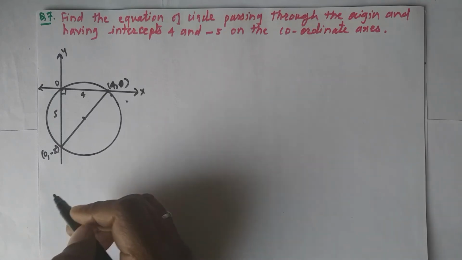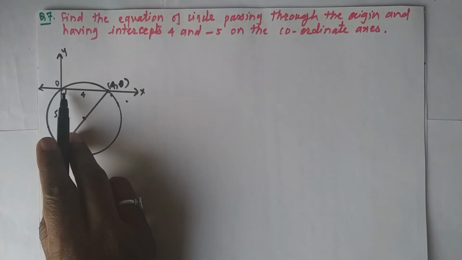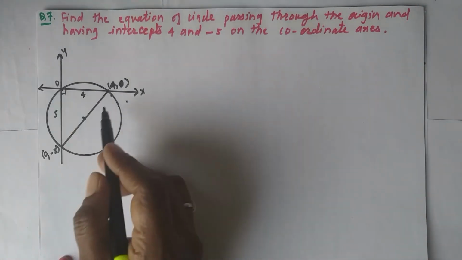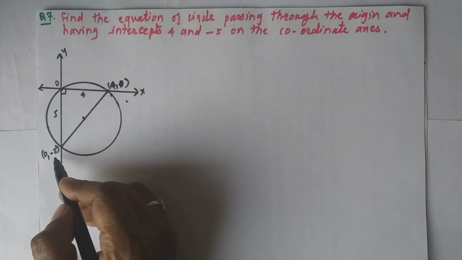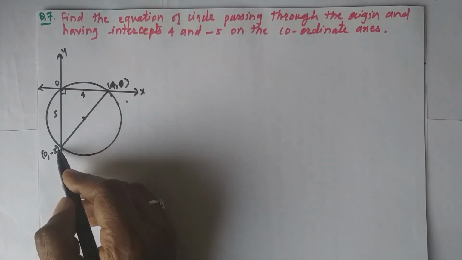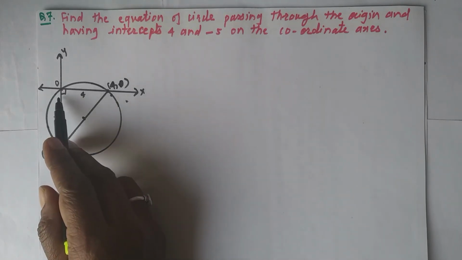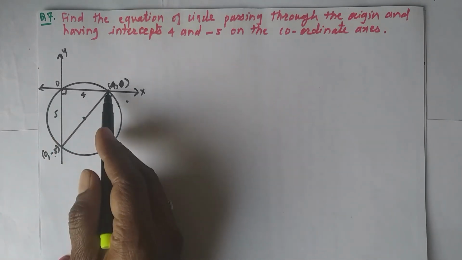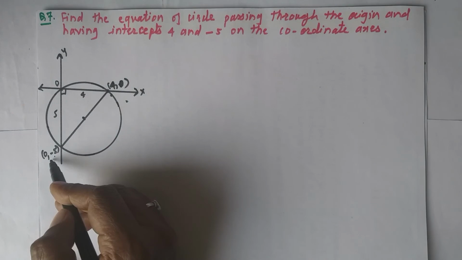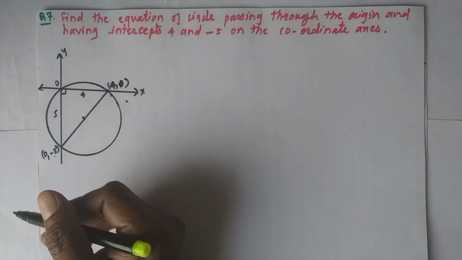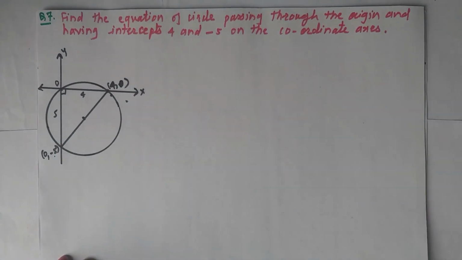Okay, but we know that the x and y axes are perpendicular at the origin. Join these 2 points, and these points are nothing but endpoints of a diameter, because we know that the angle in a semicircle is always a right angle. This is a right angle, means this is a semicircle, and these (4, 0) and (0, -5) are nothing but endpoints of the diameter of the circle.